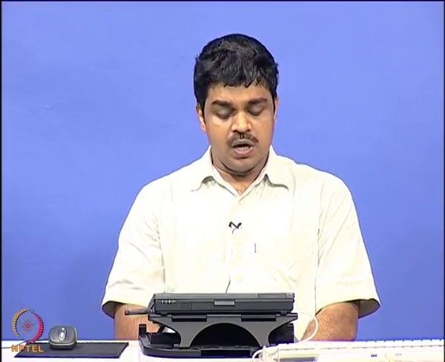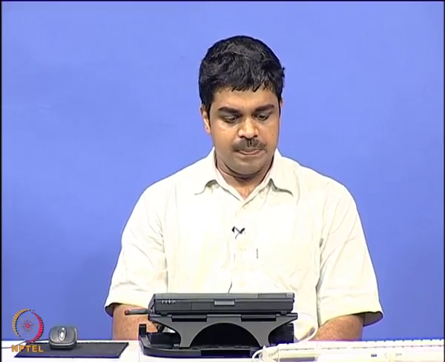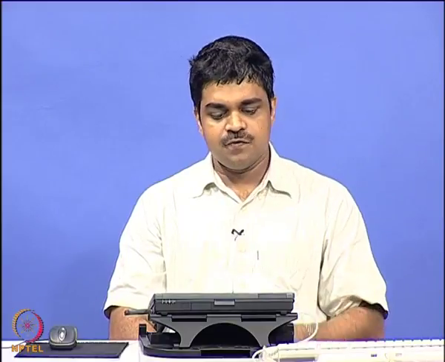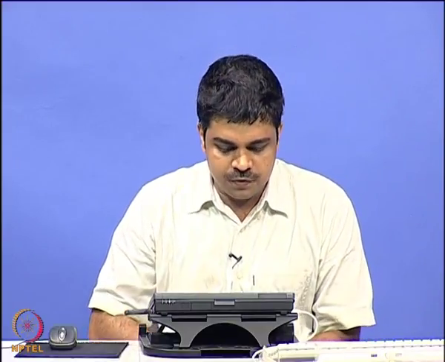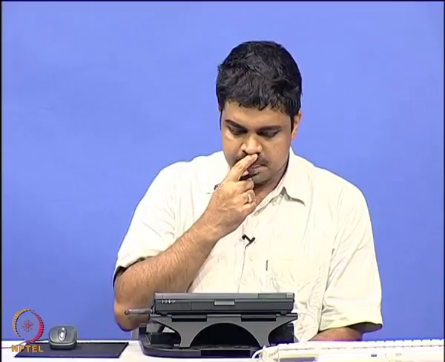Not necessarily optimum, but some coloring is required. We want some method to come up with a coloring. What should be the easy and very straightforward strategy to come up with a coloring for a given graph?